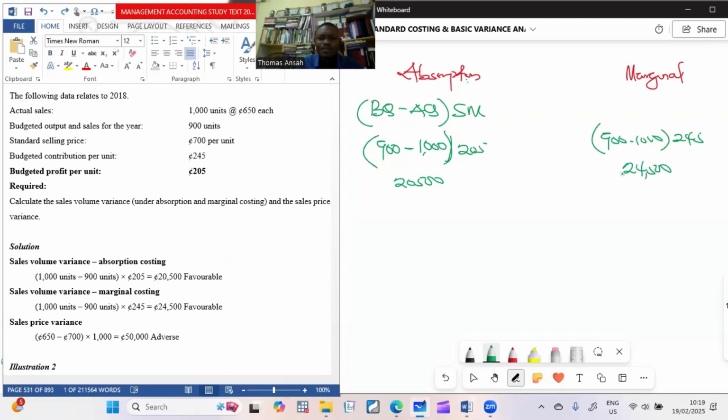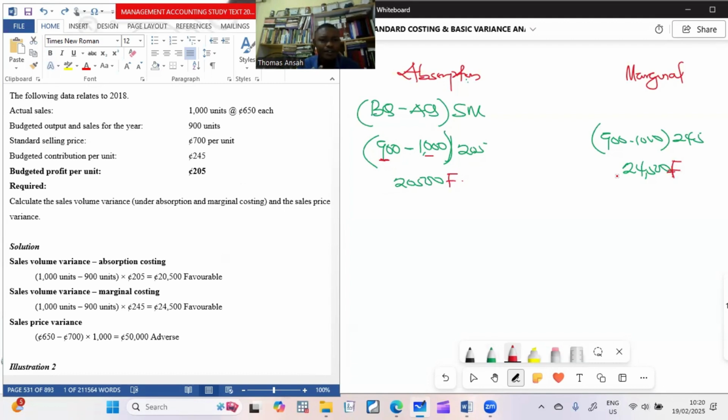Now, what does it mean? Is it adverse or favorable? You budgeted to sell 900 and you were able to sell 1,000. So it is actually a favorable thing. Here too is favorable. It's as simple as that.